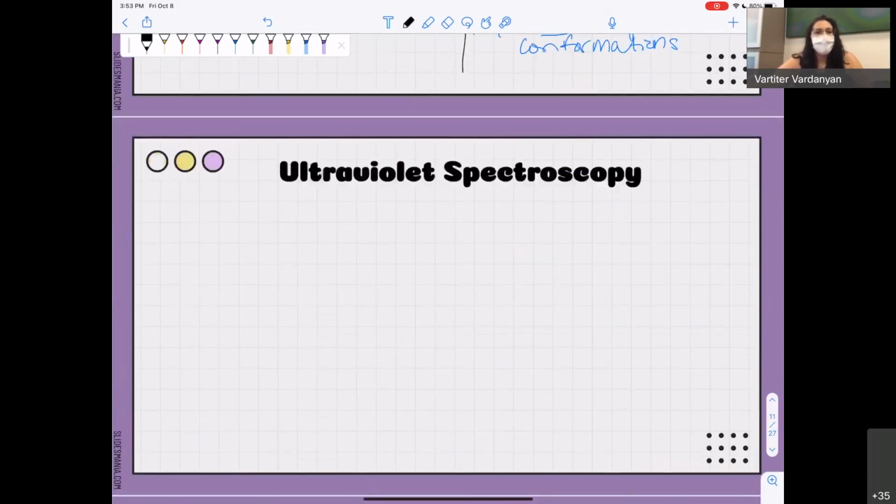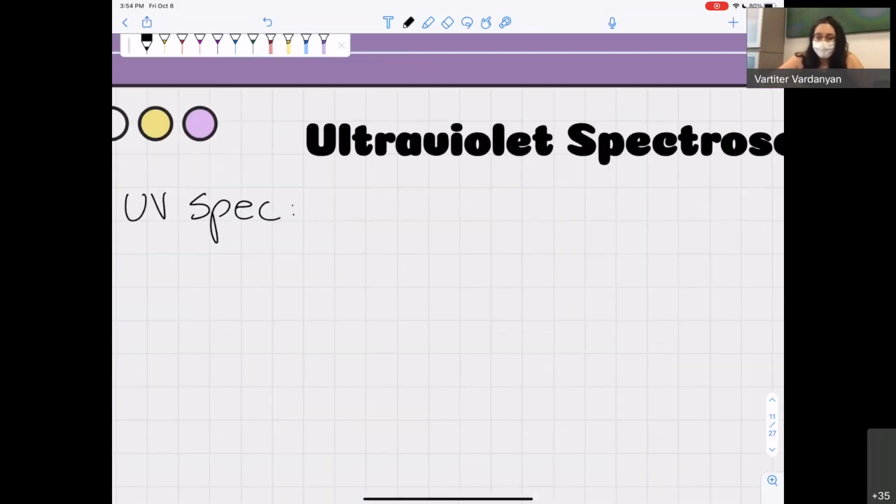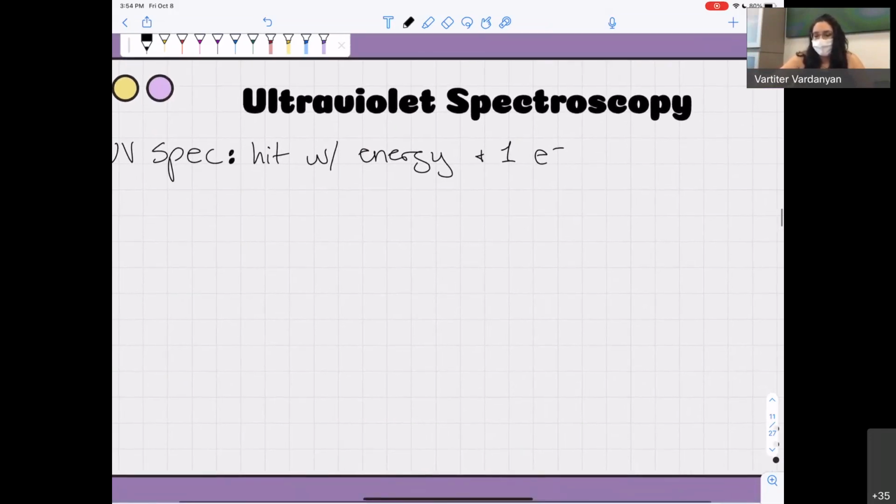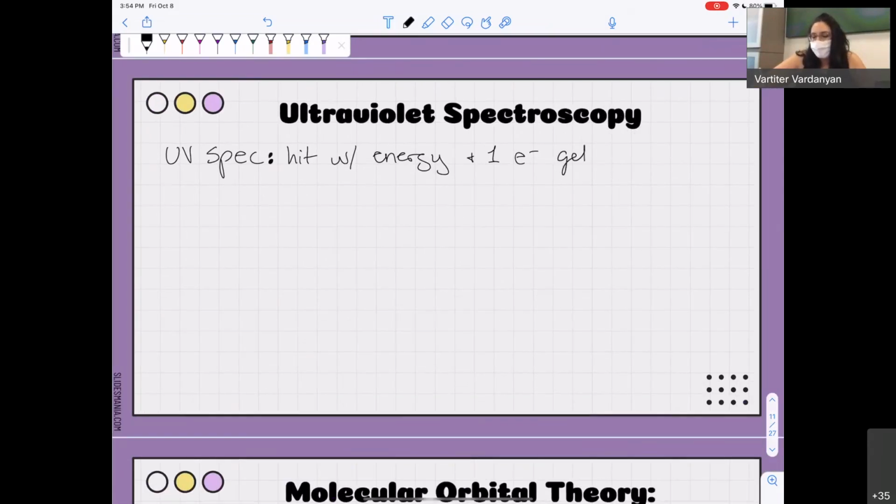All right, so UV spectroscopy, all UV spec really is, we are going to feed a molecule lots of energy. So we're going to hit it with lots of energy. And one electron is going to get super excited. Sorry if I keep zooming in and out.